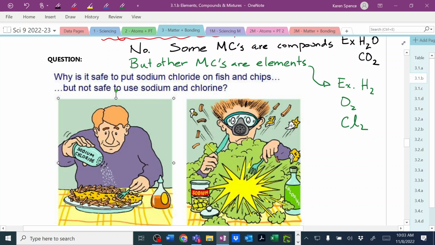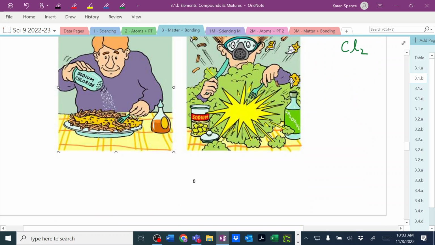Also, sodium doesn't just react with water, it will also react with chlorine. Okay, because what do you remember about the outer shells of atoms? What do they want to be? They want to be stable, they want to be full. So let's imagine that we have a sodium atom.